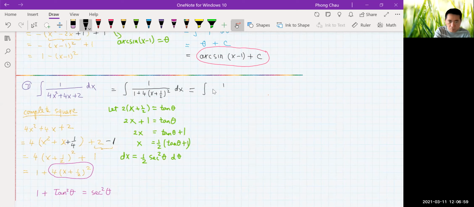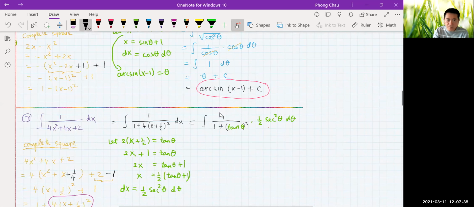That is 1 over 1 plus tangent squared, and then you times dx, which is half times secant squared. So now we are in a different world, right? We can integrate this.